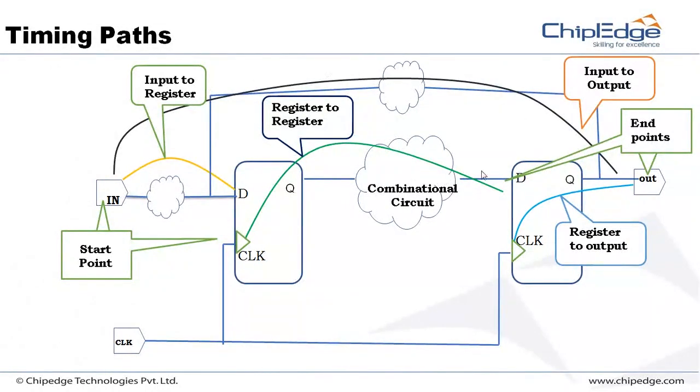So the summary of this slide is we have 4 timing paths: input to register, register to register, register to output, and input to output. The start points for any timing path will be either an input port or a clock port, and the end points will be an output port or a D pin of your register. Keep in mind these are the 4 timing paths.